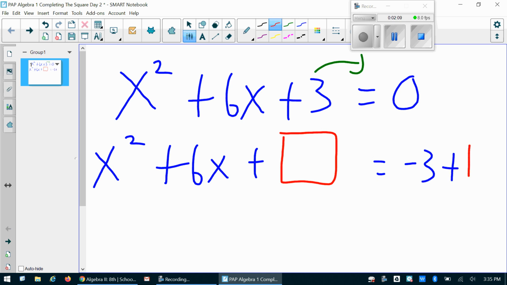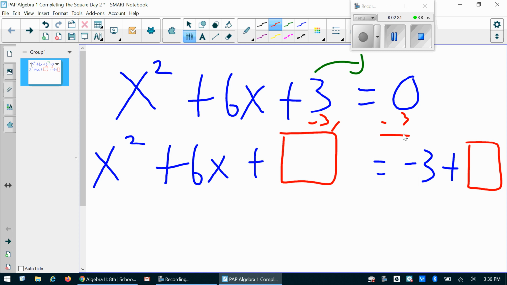And notice it's negative 3 on the right side because I technically subtract 3 from both sides. Notice that it's plus the red box on the left side and plus the red box on the right side because I have to keep the equation balanced. You're going to see later on today that matters.